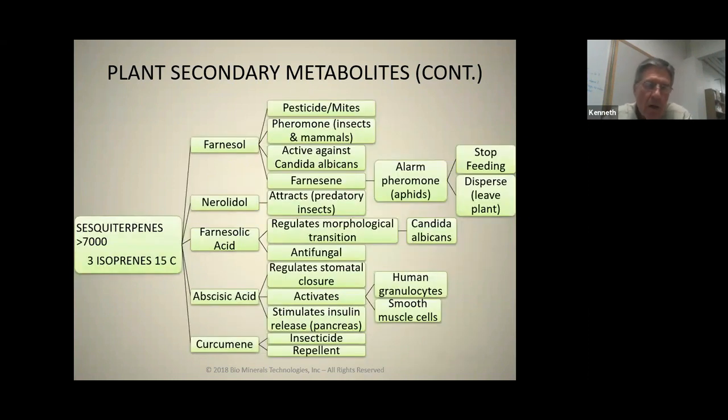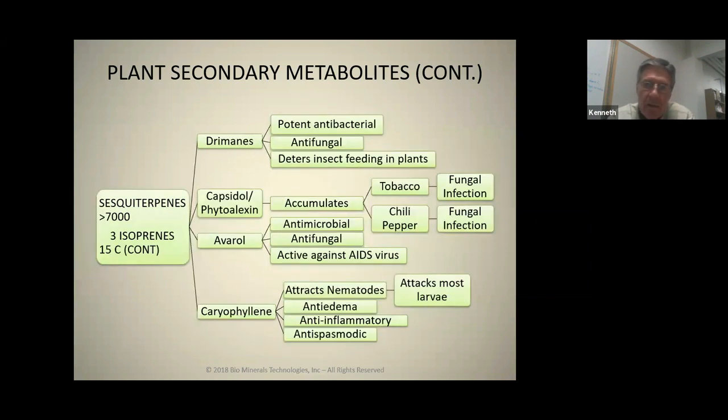When we get into our sesquiterpenes, again, we have all kinds of compounds regulating all kinds of systems. We have antifungal, regulate the stomatal closing and opening in our plants. We have attracts predatory insects that would take out pathogenic insects feeding on plants, stimulates insulin release in our pancreas, insecticidal, repellent.